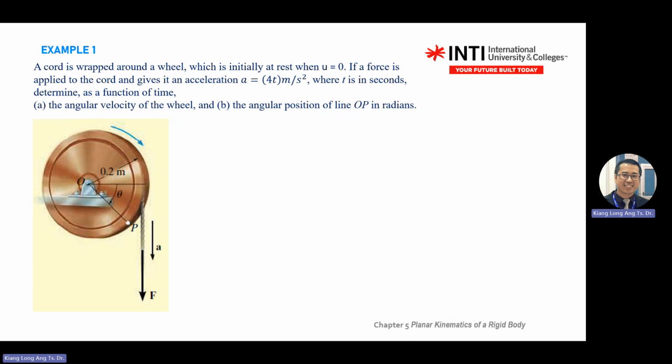Remember, s, v, and t. V equal to ds dt. How do you find acceleration? dv dt or d squared s dt squared. If you do rigid body, change velocity into angle. So omega equal to d theta dt.